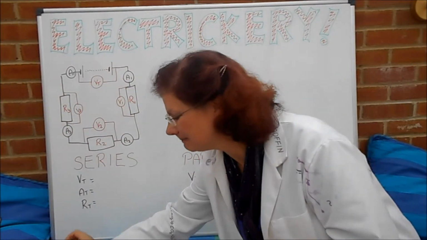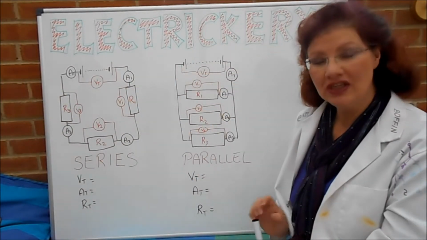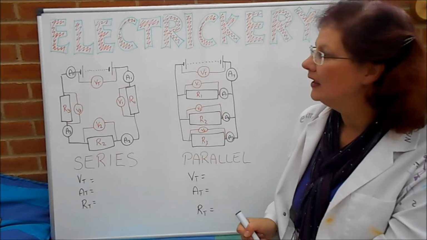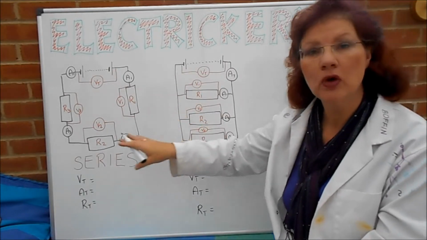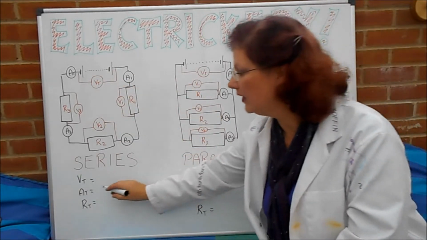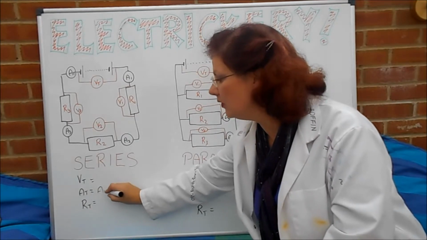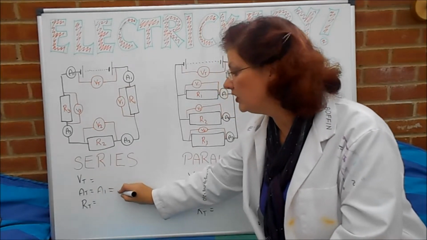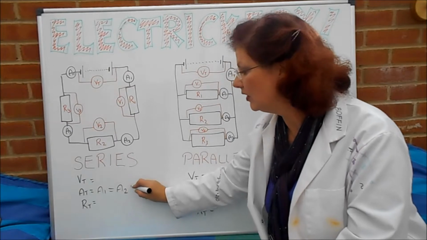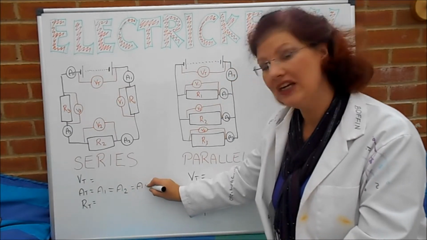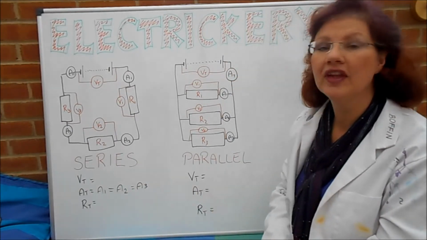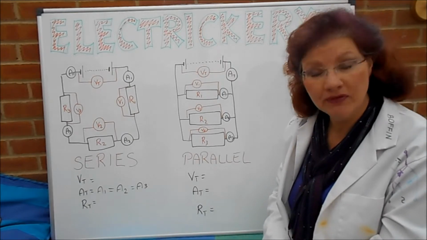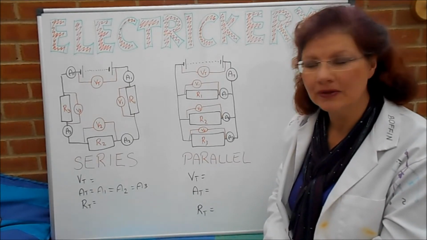Welcome back. In a series circuit, the amps are the same all the way round. So the ammeter total is equal to ammeter 1, which is equal to ammeter 2, which is equal to the reading on ammeter 3. The amps are the same all the way round, but the voltages get shared out.